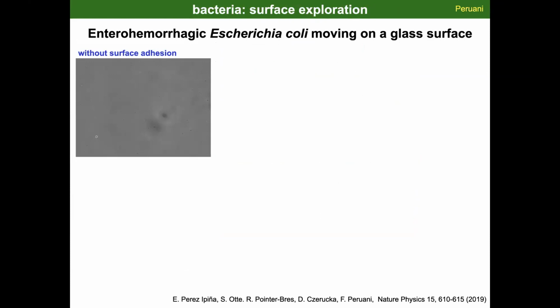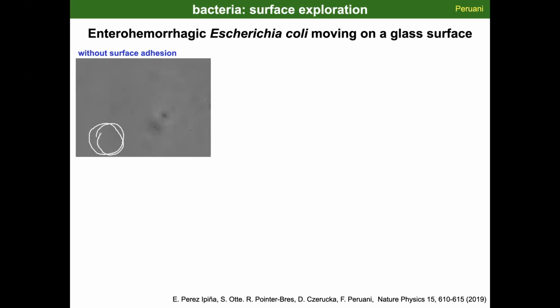If the bacterium E. coli does not perform any surface adhesion, then what you would observe is that, due to hydrodynamic interaction, the bacterium will get trapped close to the surface, moving in circles, and so visiting the same area of the space over and over.